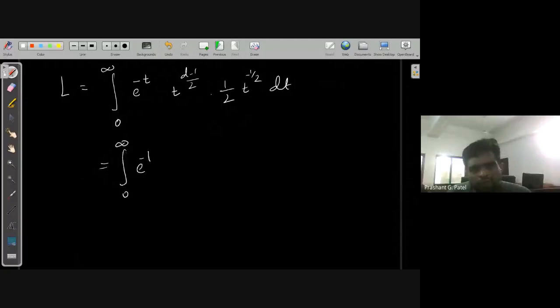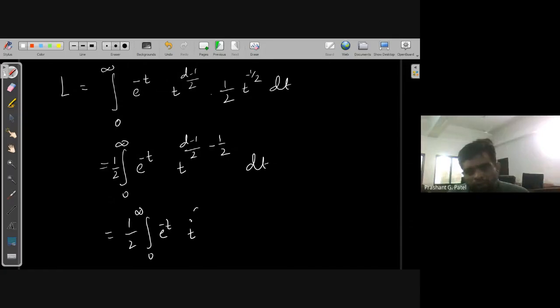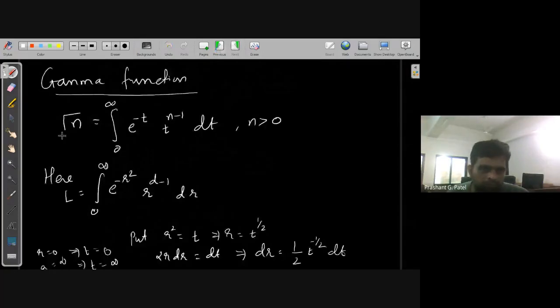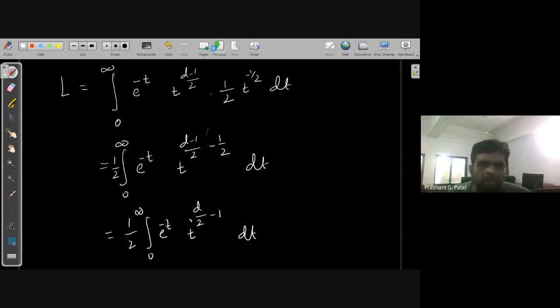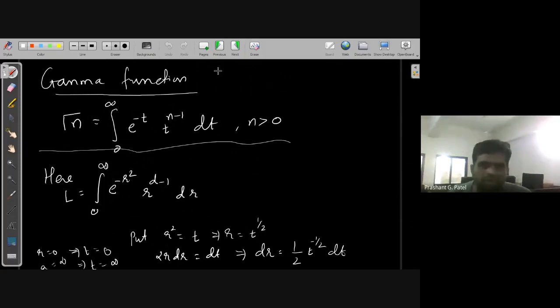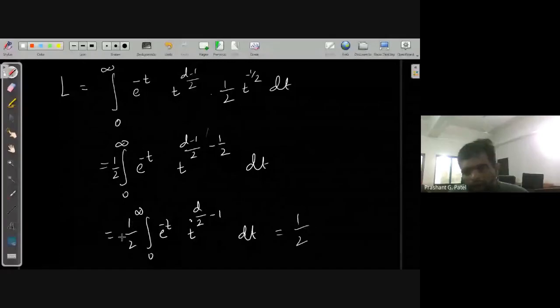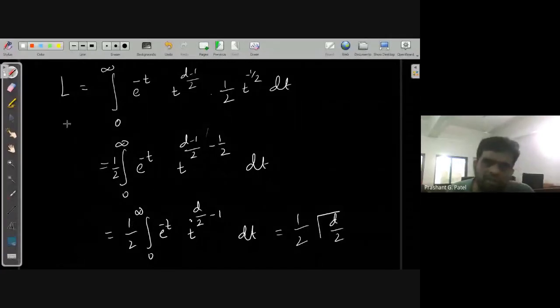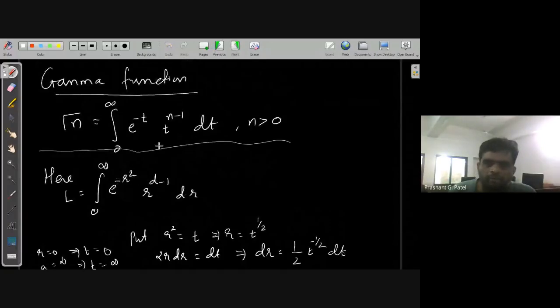If you simplify this, taking the 1 by 2 common out, the exponent is (d minus 1) by 2 minus 1 by 2, which is d by 2 minus 1. So L is 1 by 2 times the integral from 0 to infinity of e power minus t, t power d by 2 minus 1 dt. Comparing this integral with the gamma function, instead of n we have d by 2. So the value of this integral is 1 by 2 gamma d by 2.